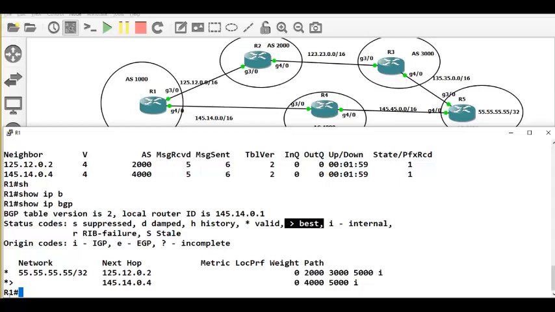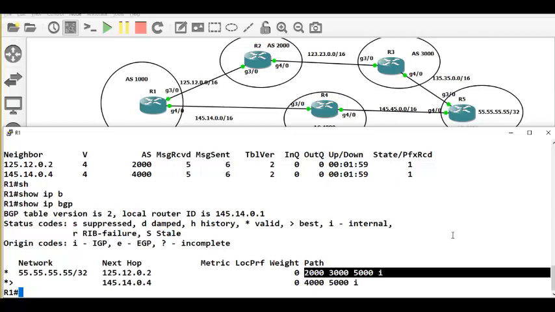This is not a bad one, it's a valid one. In case this fails, this will be used, but currently it cannot be used because of the tie break. AS hops is a tie break. The lesser the AS hops, the better the route.